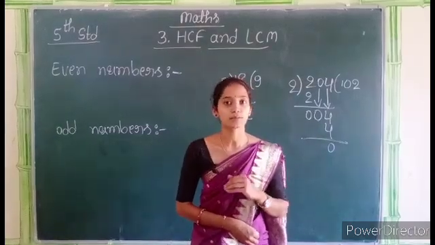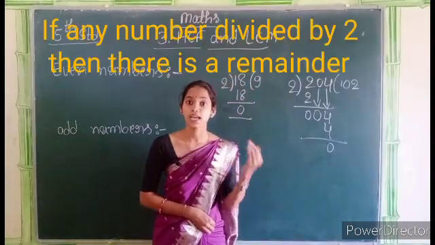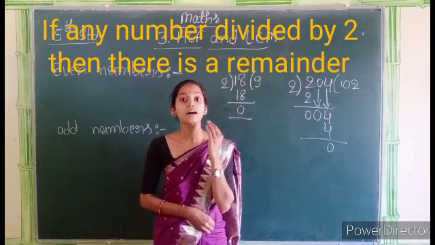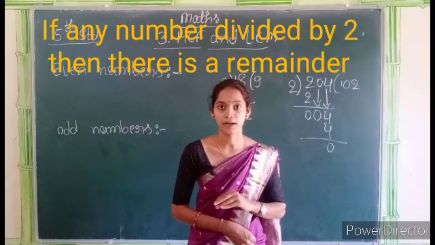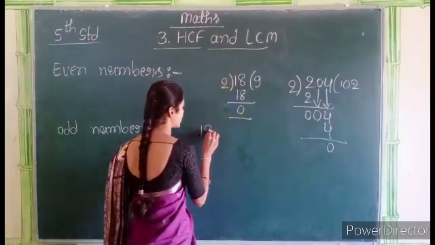Then odd numbers. Which numbers are called odd numbers? If any number is divided by 2 and there is a remainder, that number is said to be an odd number. For example, I will consider 19.